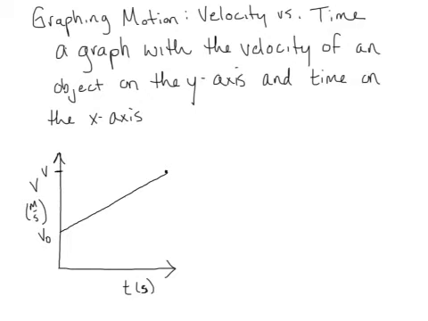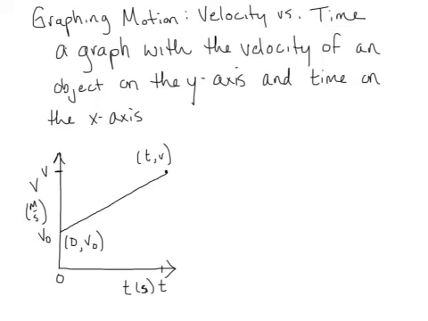And they do that from a time of 0 up to some time t. And so if I look here, I have 2 points on my graph. I have this point here, which is going to be (0, v0). And I have this point up here, which is going to be (t, v).